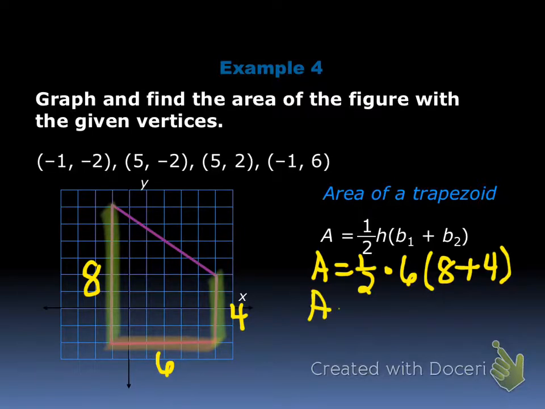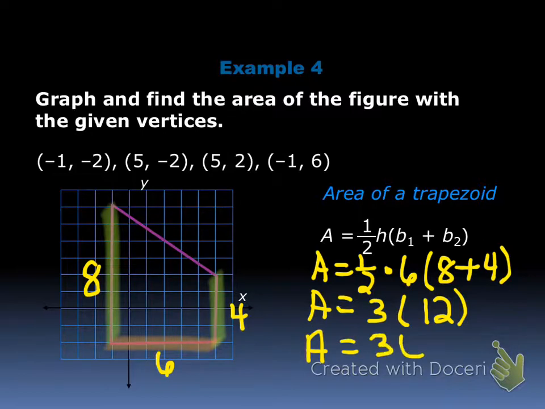So area equals 1/2 of 6 is 3 times 8 plus 4, which is 12. And 3 times 12 is going to give us 36 units. So the area of this trapezoid is 36 units.